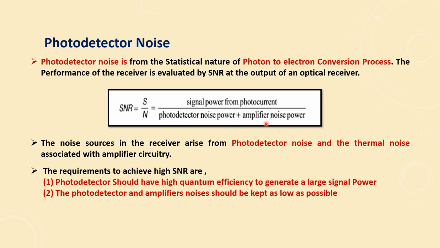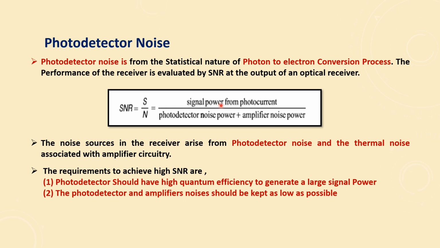So we classify the types of noises into two parts: noises associated with the photodetector, and noises associated with the amplifier circuit. These are substituted in the denominator. Obviously the numerator is the signal power from the photocurrent, which is the actual output current from the detector circuit.